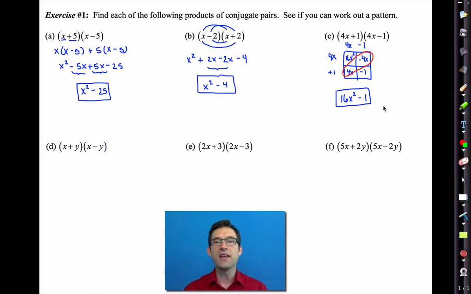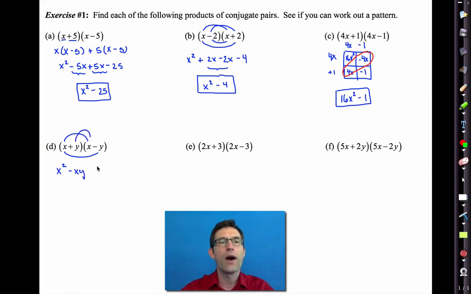Now letters D, E, and F, they seem a bit more complicated, but the same pattern is going to hold true. In fact, letter D is about the most generic that you can possibly get. Let's go back to foiling, right? We get x times x, which is x squared. That's my first. We get x times negative y, which would be negative xy. That's my outer.